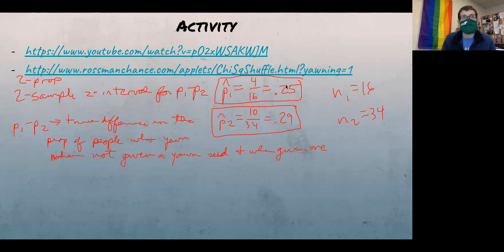And you might be asking, why do we care about the difference between these two? If there is no difference between them, if the difference is 0, well, then there's no connection between whether you see a yawn or not. Yawning is not contagious at that point.